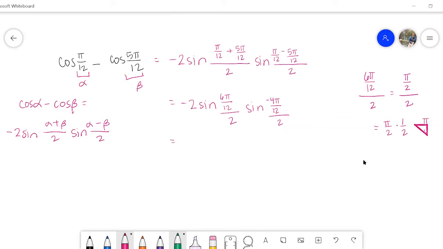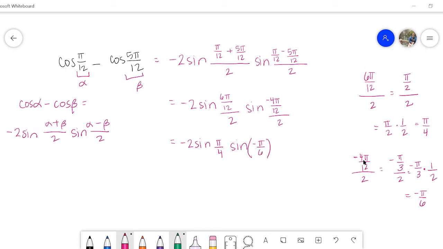So this becomes negative 2 sine pi over 4 sine, and then you have negative 4 pi over 12 over 2. That's negative pi over 3 over 2, negative pi over 3 times a half, negative pi over 6.